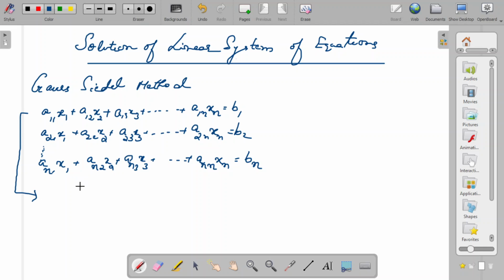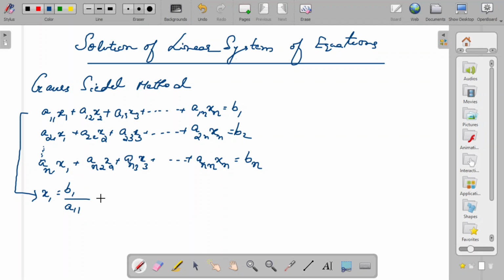From the first equation I'm going to write an expression for x1. So I'll keep a11 x1 here and bring all the other terms to the right side and then divide everything by a11. So I will get the value for x1. That is, I can write x1 equal to b1 divided by a11, then I'll take all the other terms to the right hand side, and those also will be divided by a11.